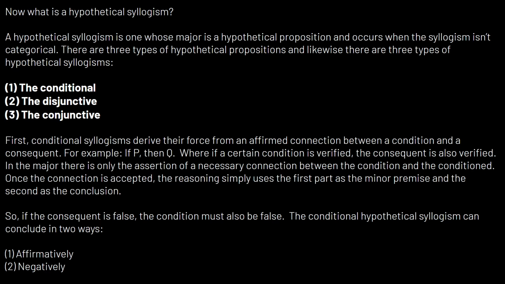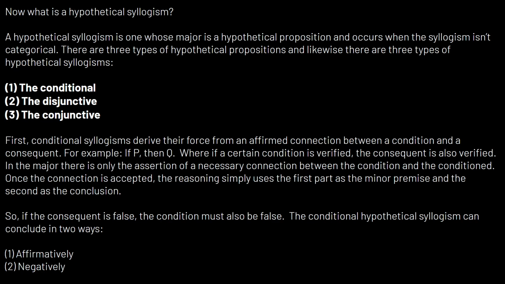And in the major, there is only the assertion of a necessary connection between the condition and the conditioned, that is the antecedent and the consequent, in other words. Once the connection is accepted, the reasoning simply uses the first part as the minor premise and the second as the conclusion, though there are different ways, which we're going to see right now in the application of modus ponens and modus tollens.